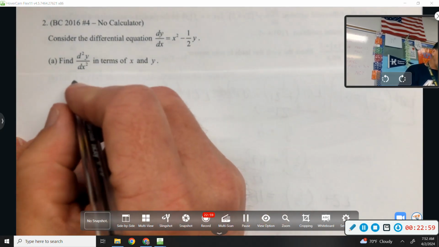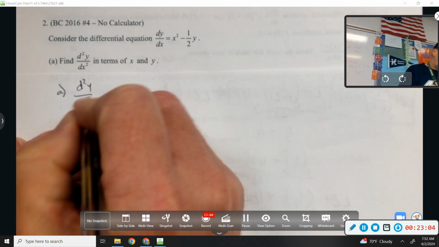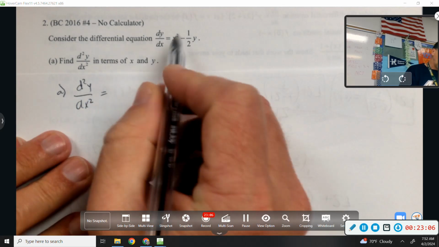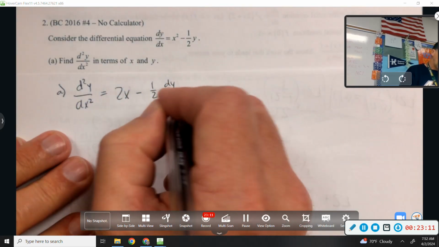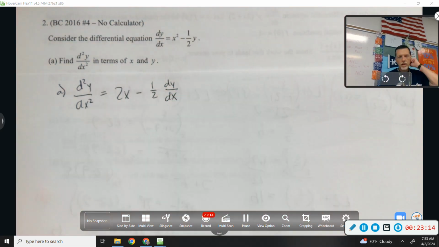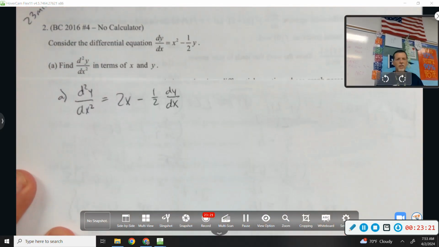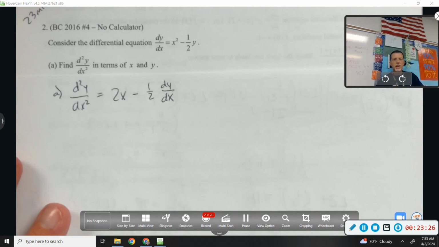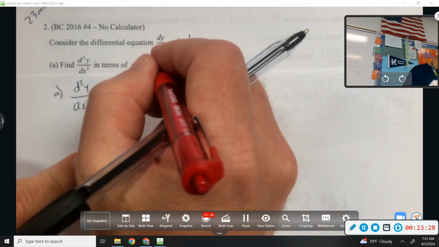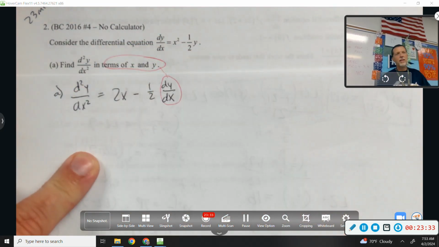Part A, find the second derivative. Okay, I can do that. So the second derivative is 2x minus 1/2 dy/dx. Is that an acceptable answer for part A? Why not? Yeah, it said find the second derivative in terms of x and y, and I haven't quite done that yet.